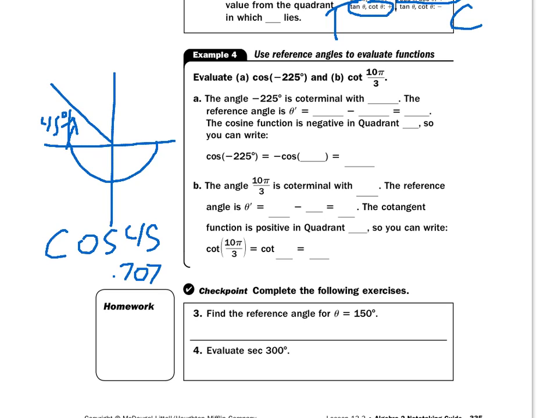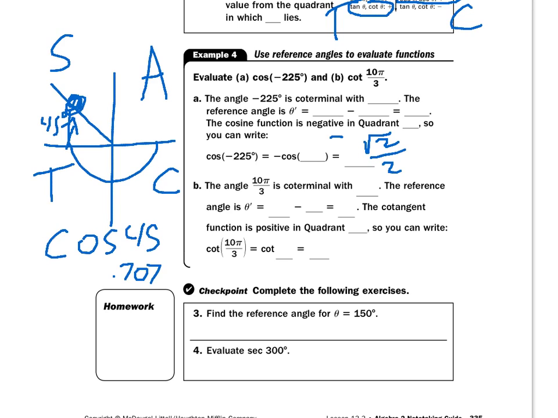You need to know that 0.707 is always referring to the square root of 2 over 2. Now, the square root of 2 over 2, that is a good answer. However, a smart trig class knows if I'm over here, cosine is negative. So it's negative square root of 2 over 2.